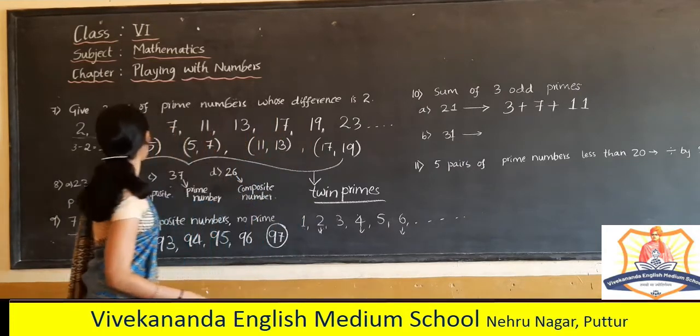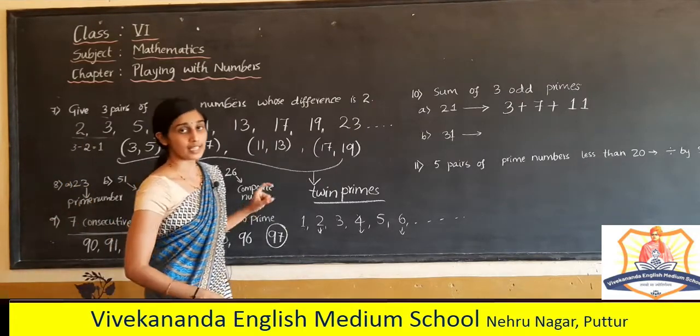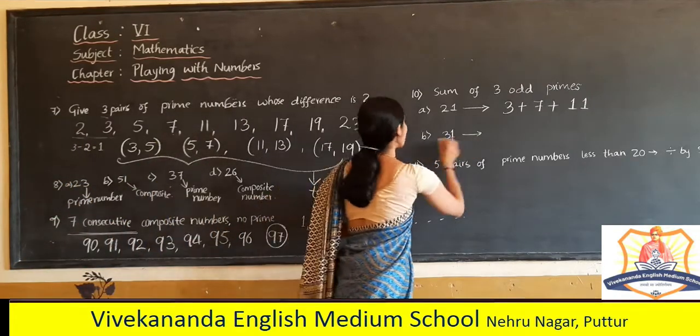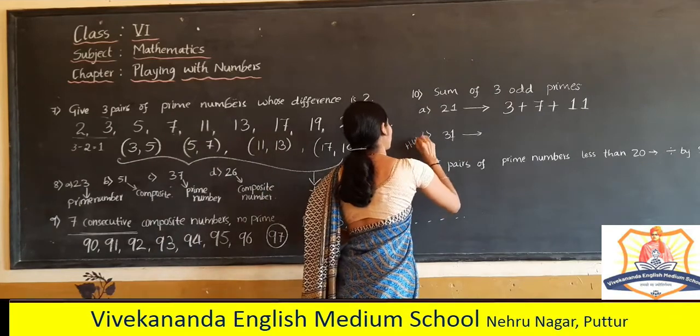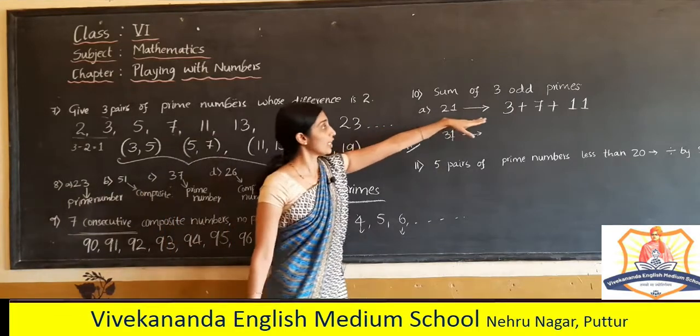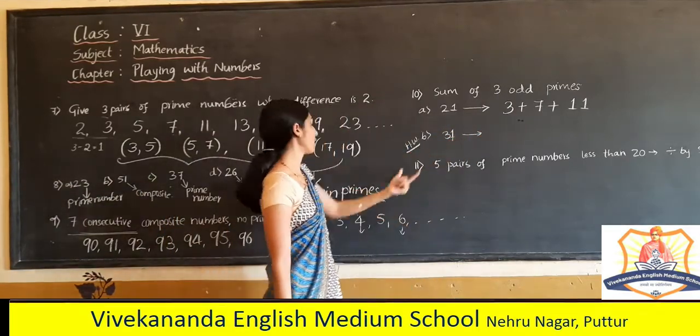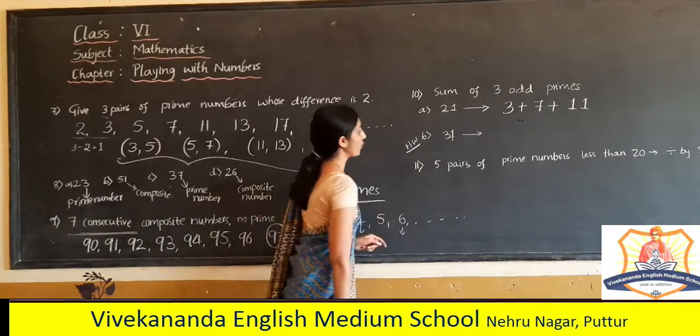So which number do I have to take here? I have to choose. In this way you should solve. This is homework for you. Understood? I hope this is clear to you. This is the homework. Next, 11th question.